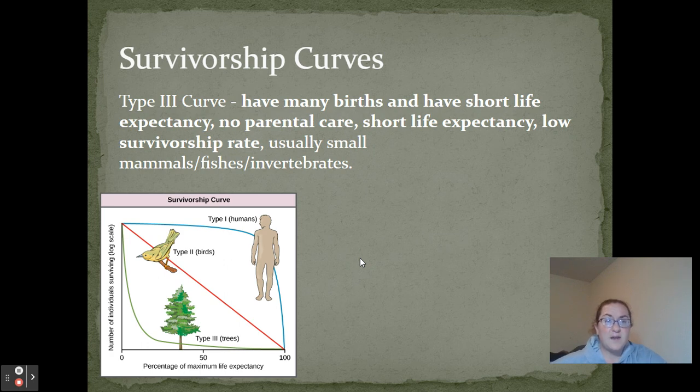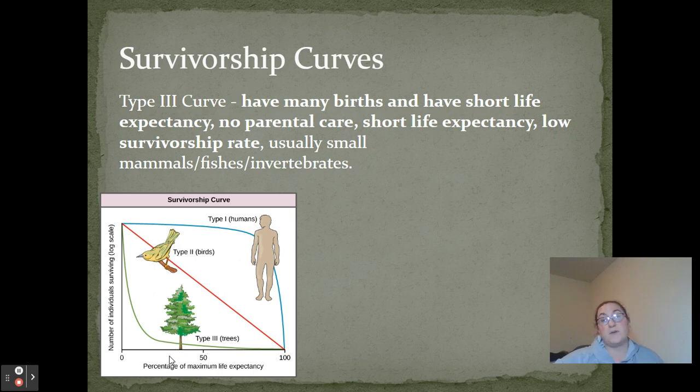And our last type of survivorship curve is type 3. We have lots of births, and when I say lots, I mean hundreds per batch, and very short life expectancy because there's no parental care. Like your tree seeds, they tend to produce thousands of seeds, and maybe out of the thousands of seeds, only 10 survive.